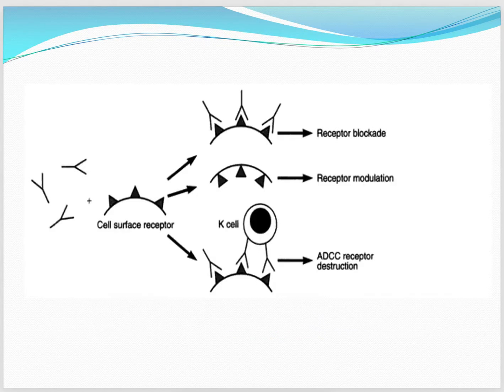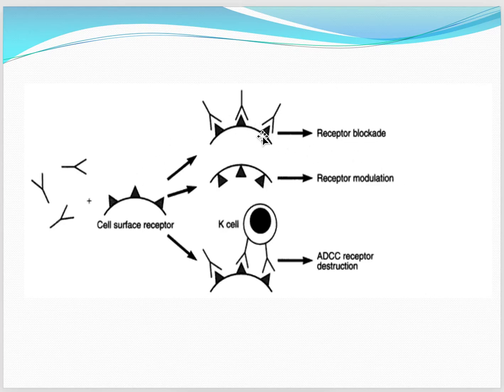For example, in figure 1, the antibody binds with the receptor of the cell and blocks it. If the antibody blocks it, the receptor will not be able to bind with its target, right? Thus, this makes the receptor inactivated.